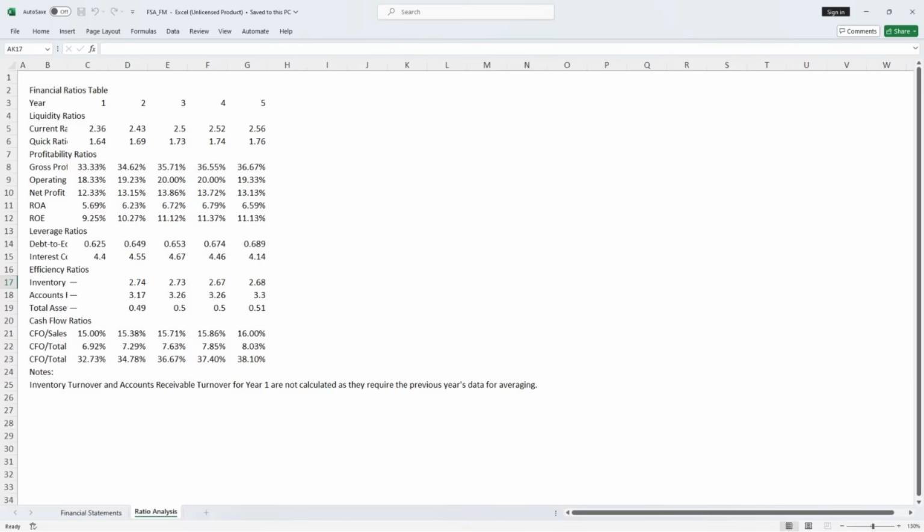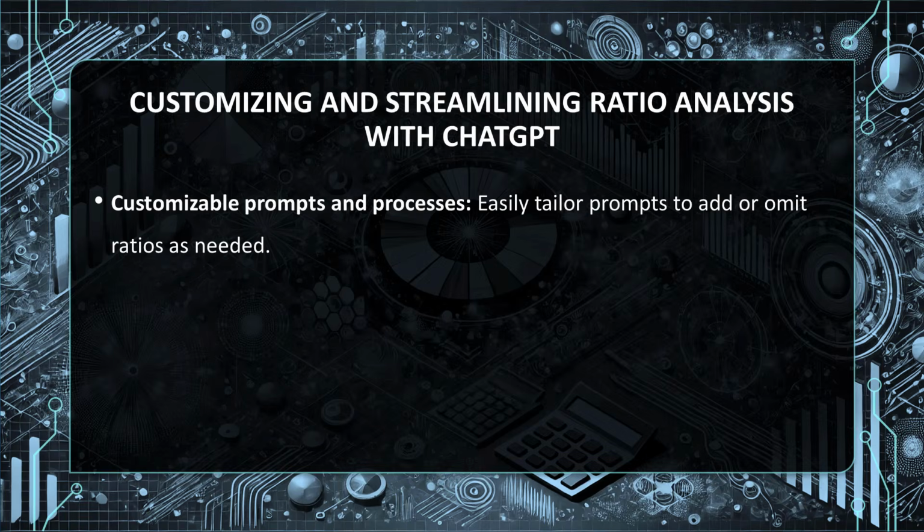Integrating AI tools like ChatGPT into financial modeling processes such as ratio analysis not only simplifies complex calculations, but also enhances the strategic decision making capabilities of financial analysts. This session demonstrates how ChatGPT can successfully automate the process of ratio analysis.